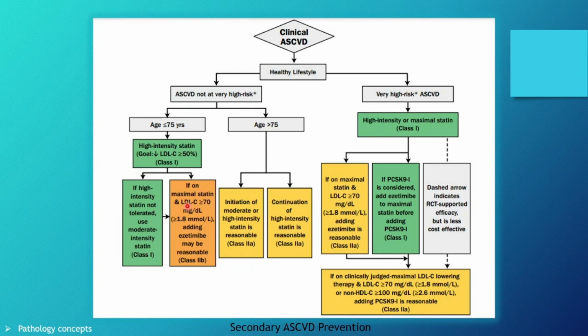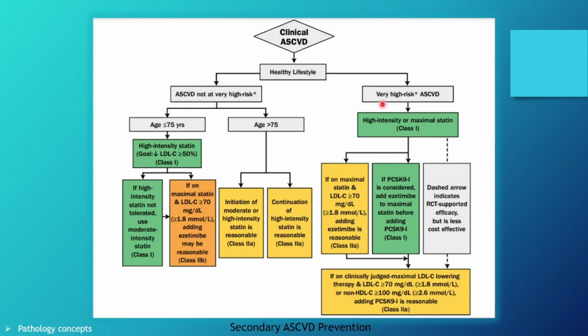And if on maximal statin and LDL is more than 70, then adding ezetimibe may be reasonable. So we have to add the second drug if LDL is more than 70. And if age is more than 75, initiating a moderate or high intensity statin is reasonable, and continuation of high intensity statin is reasonable.